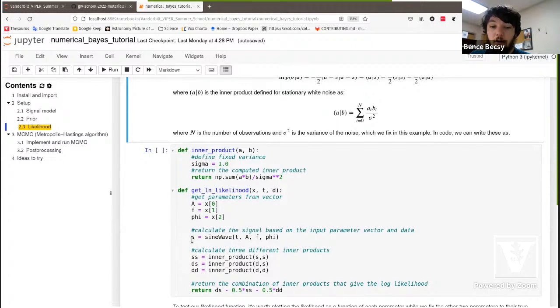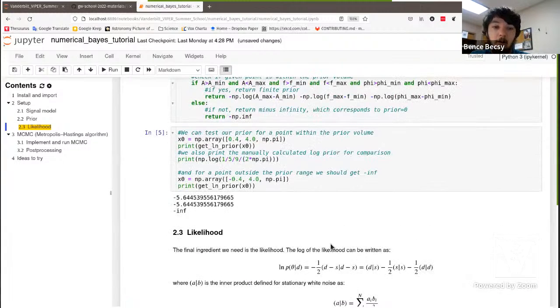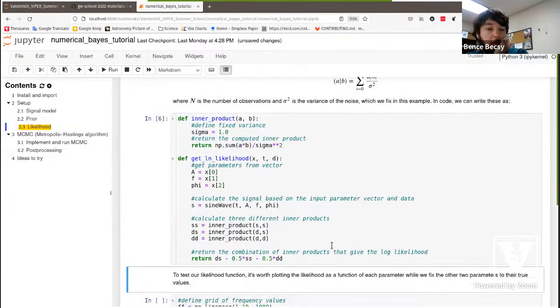Then we calculate the signal based on these times that we plug in and these parameters. And then we calculate these 3 different inner products, and then we just return the proper combination of them to get the likelihood. Yeah, I ran everything. Okay.